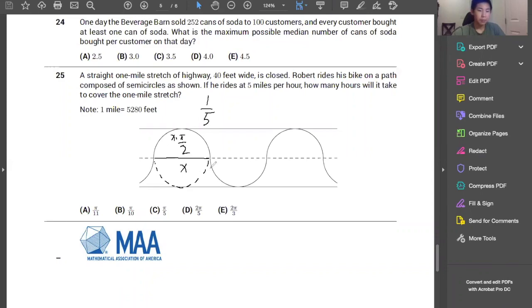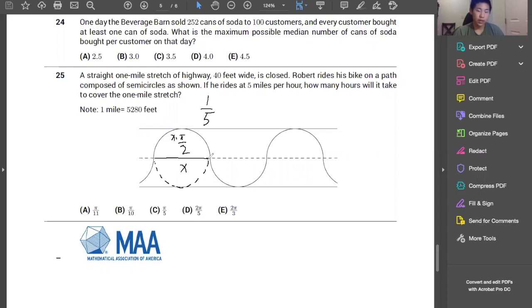And so basically what the question has done is it's saying that instead of traveling x distance, he's going x times pi over 2 distance instead of going x distance.